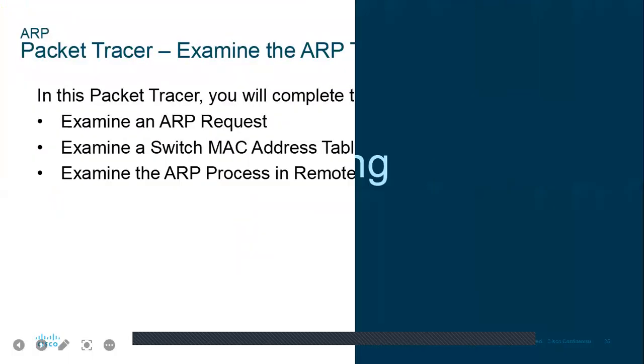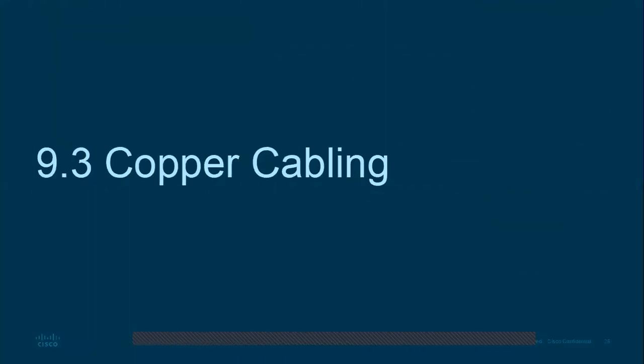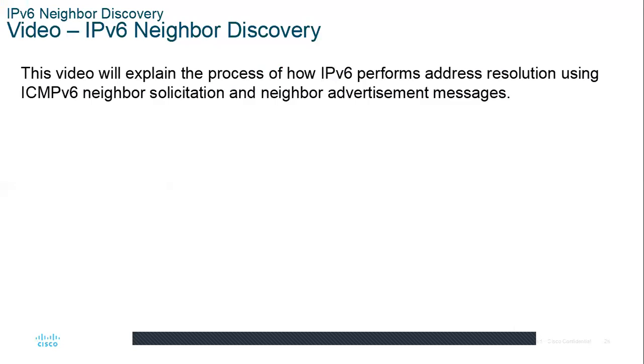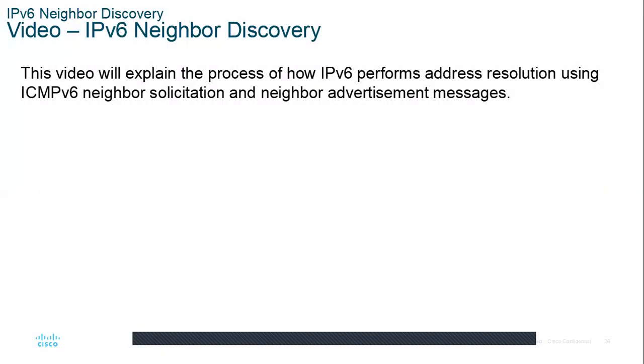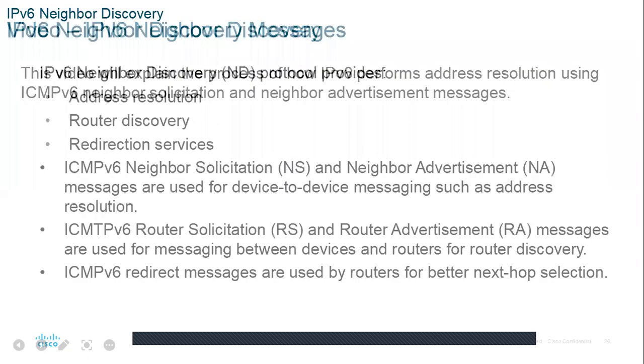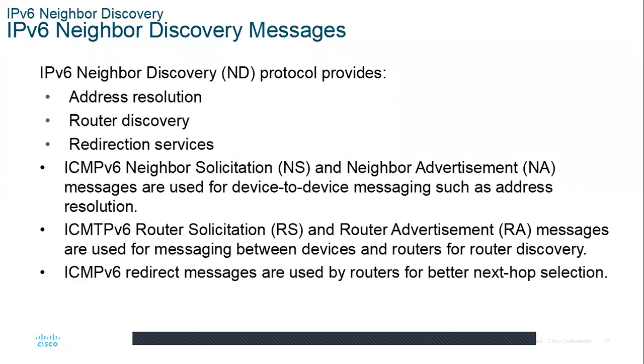Okay. So there's a video in your Cisco LMS that explains the process of how IPv6 performs address resolution using ICMPv6, the Internet Control Message Protocol version 6, neighbor solicitation and neighbor advertisement messages. How it happens is simply, I come on the network and I need an IP address.